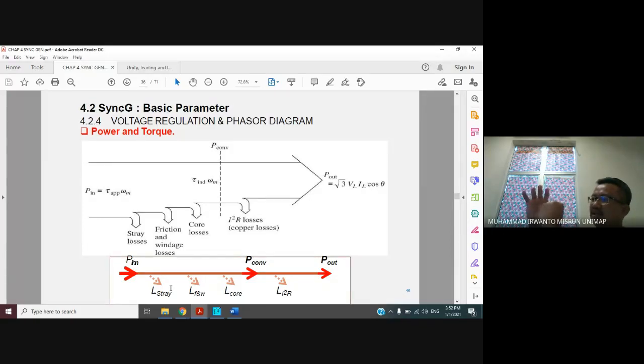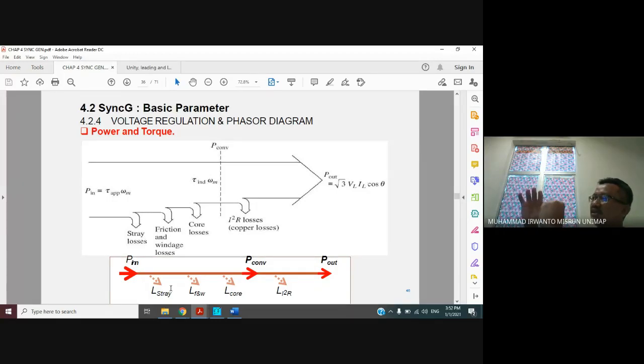Meaning the rotor produces mechanical energy. Remember, the output of the stator is electrical, and relating to the definition of the generator, it is a device that converts mechanical to electrical.